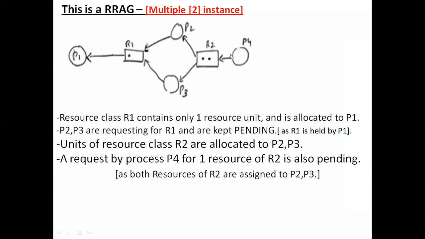And we already know that one resource of R2 has been allocated to process P2, and the second resource of R2 is allocated to the process P3. Hence, the request raised by the process P4 for one of the resources of R2 is still pending. Why? Because both the resource units in the resource class R2 are already allocated to the P2 process and the P3 process.